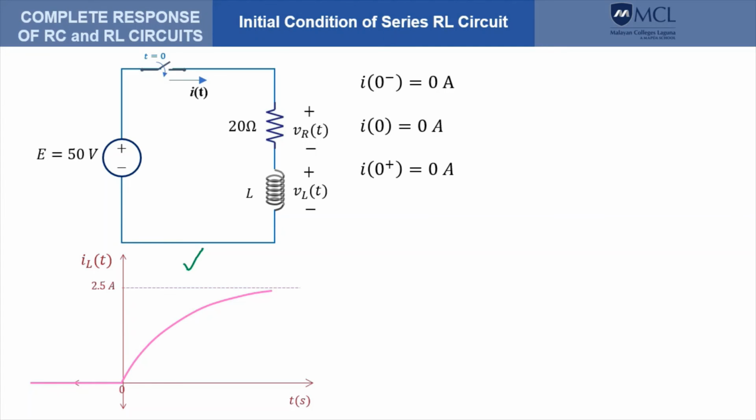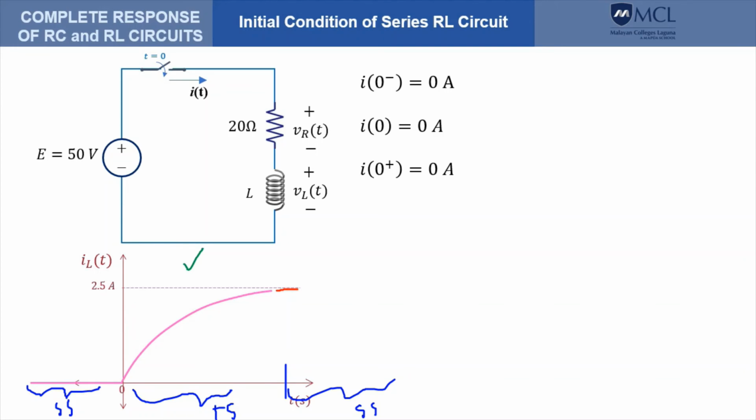In a series RL, the current does not change abruptly. From 0, it gradually increases until it reaches a steady state value. This is a steady state period, this is a transient period, and this could be a steady state period again.